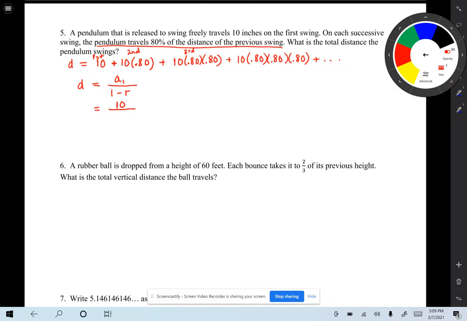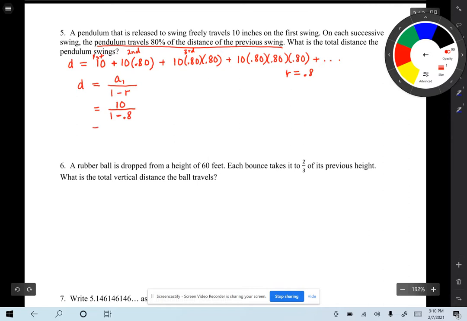But we don't need to write all that. We know that the common ratio is 8/10. So 0.80 is 8/10. So the common ratio is 0.8. So R is 0.8. So it'd be 1 minus 0.8.